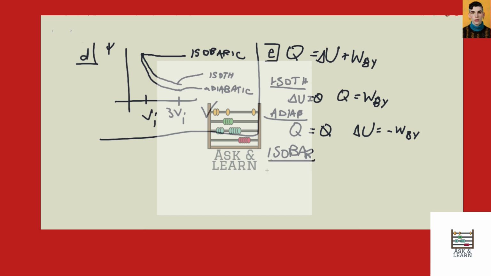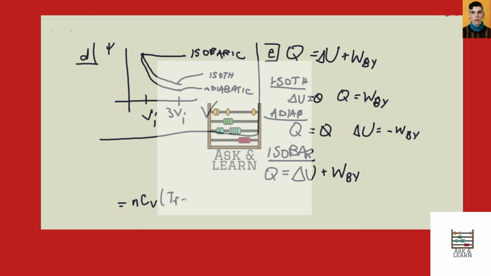Then your Q is equal to delta U plus the work done by the gas. All right, and this one, I actually didn't end up doing ahead of time, so I'm going to work it out here. Both of these I think we just have to calculate. Unfortunately, that's okay.